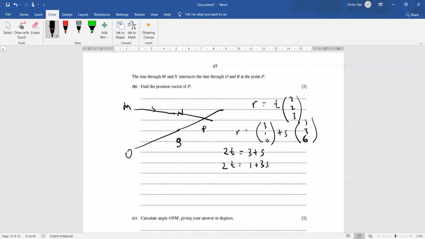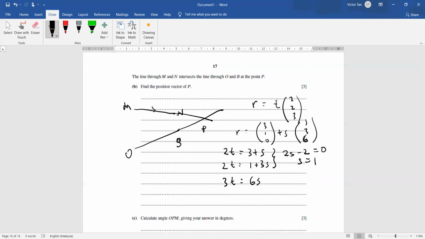And 3t equals 6s. So from these two equations, you get 2s minus 2, s equals 1.